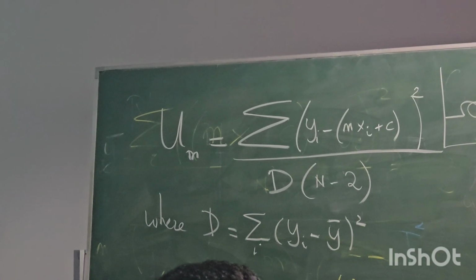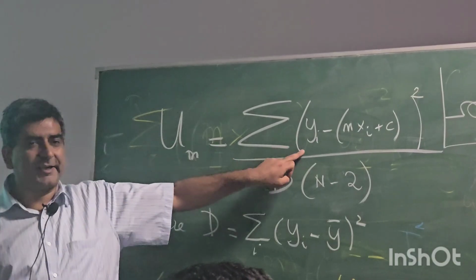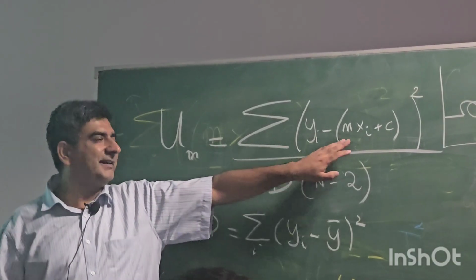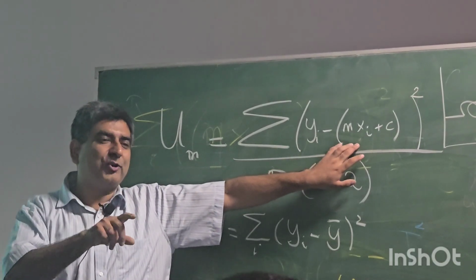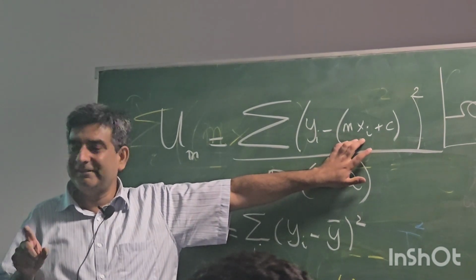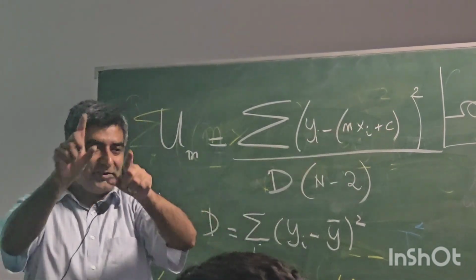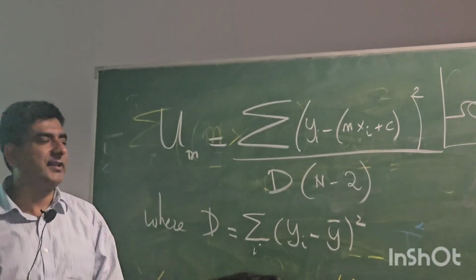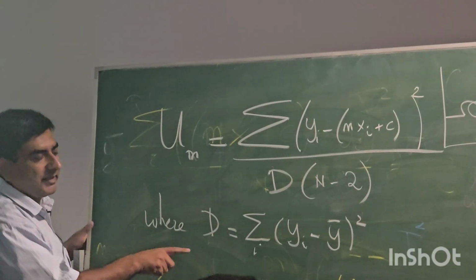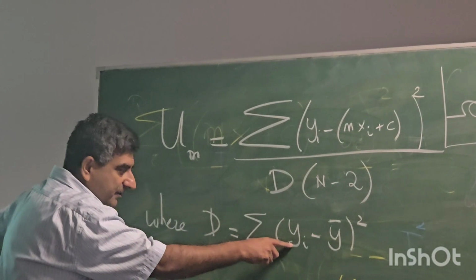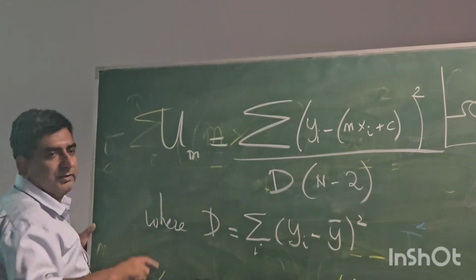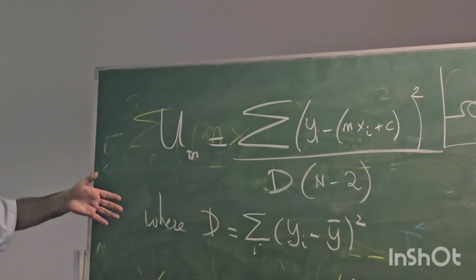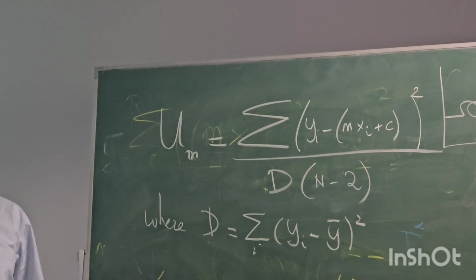The uncertainty in the slope is given by the data point minus the corresponding point on the best fit line, squared, which is the deviation squared, divided by D over n minus 2, where n is the number of points. And capital D is defined as how far a point is from the mean of the points. Okay, so I use this formula to calculate the uncertainty in the slope.